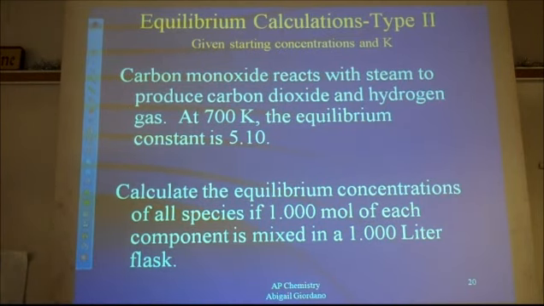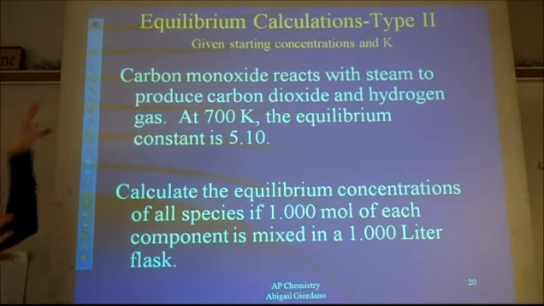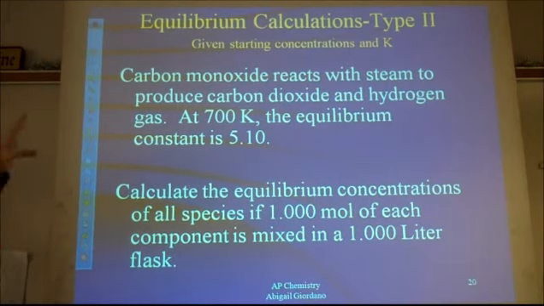Or vice versa, okay? The point is, if you have a problem where you are either asked something or told something about these two different situations, the before and the after, that is a problem that requires an ICE table.